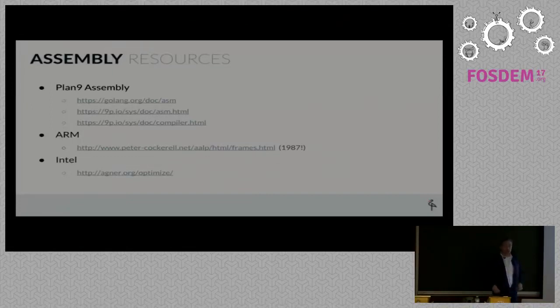Not everything in those URLs is applicable, but most of it is, and they're generally good resources to read through and get an understanding of how this all works and ties together. And then there's also a high-level SM document, and some pointers for ARM, some pointers for Intel about how Neon instructions and AVX instructions work.